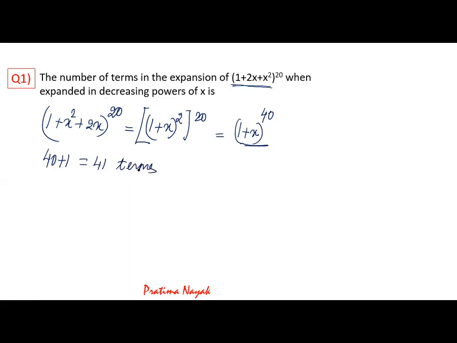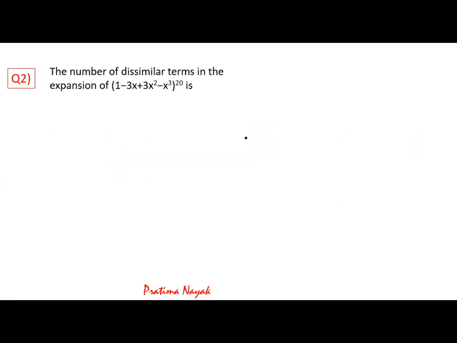Is it easy now? So make a connection to turn it into a binomial. Then it is easy, because (1 plus x) to the power n has n plus 1 terms. Next question: the number of dissimilar terms in the expansion of (1 minus 3x plus 3x squared minus x cubed) to the power 20. I hope you can try it now. You can pause the video and try.